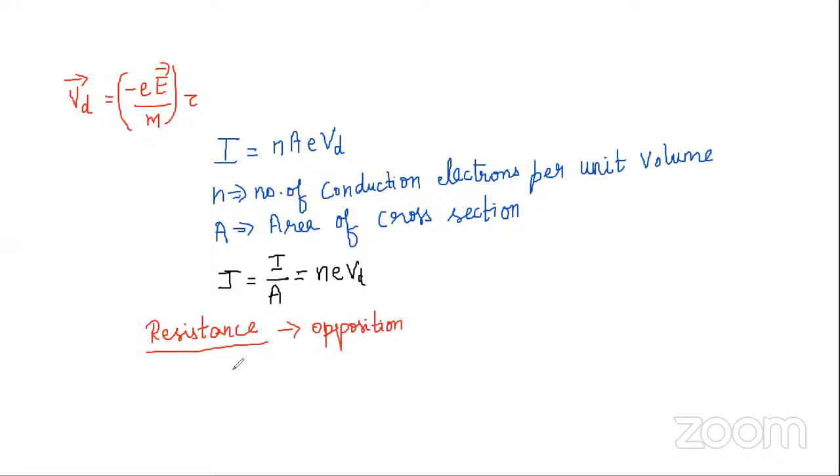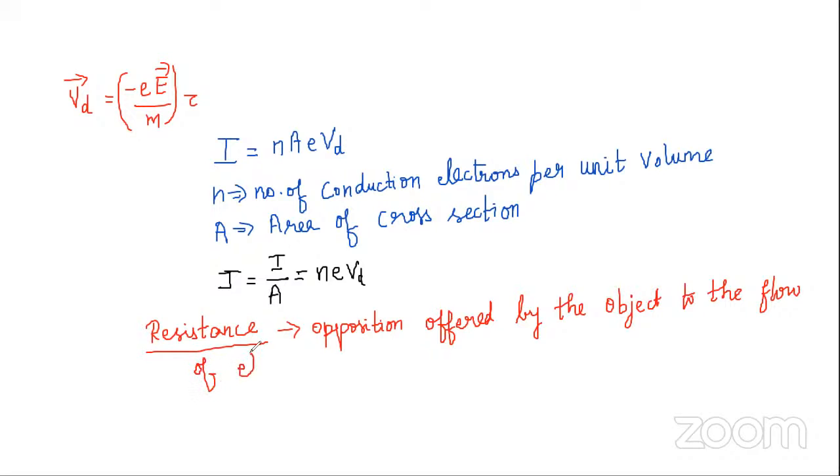In terms of current electricity, resistance is the opposition offered by the object to the flow of electrons.